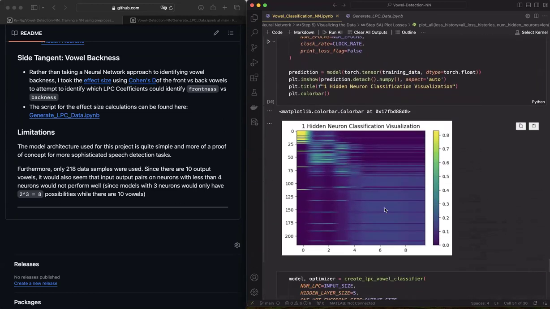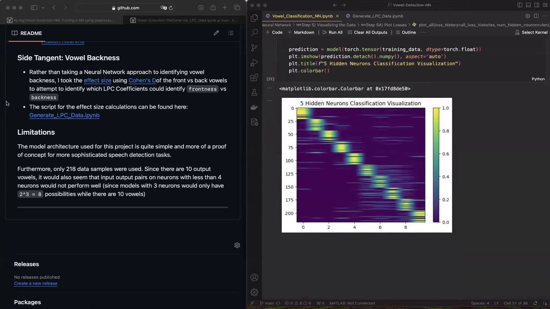Lastly, over here, these are heat maps of the classification. So this is a heat map classification of one of the hidden neurons, with a neural network with one hidden neuron. And that seems to make sense, that it performs well on one of them because there's only one hidden neuron. So it's really only able to learn 1 to 2 of these convexified relationships. However, if we look at 5 hidden neurons, it seems to do a lot better. For example, the yellow means how close it was to actually being correct.